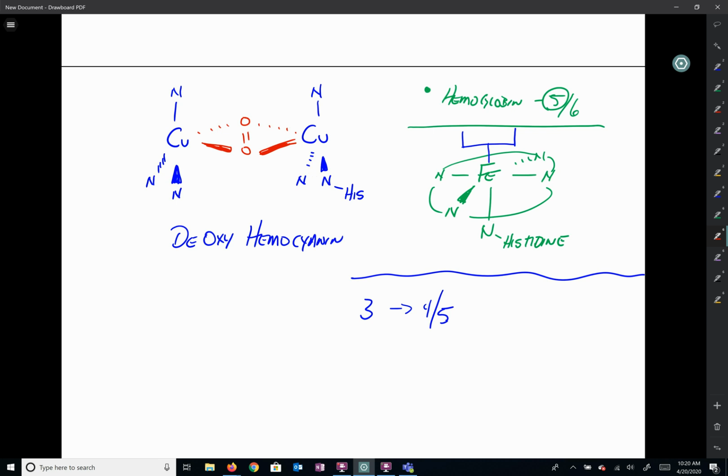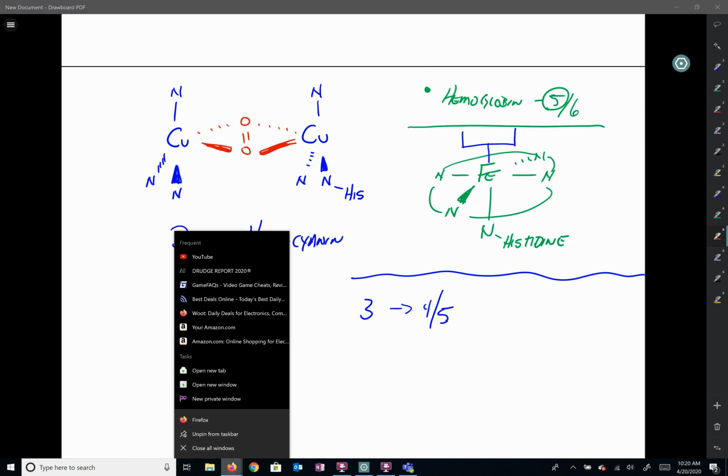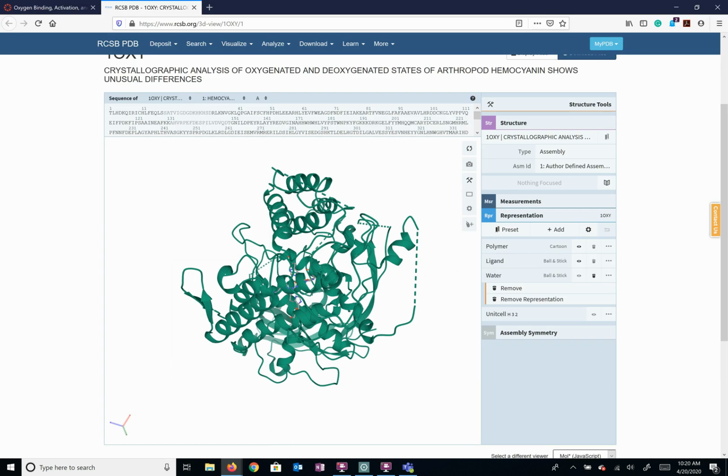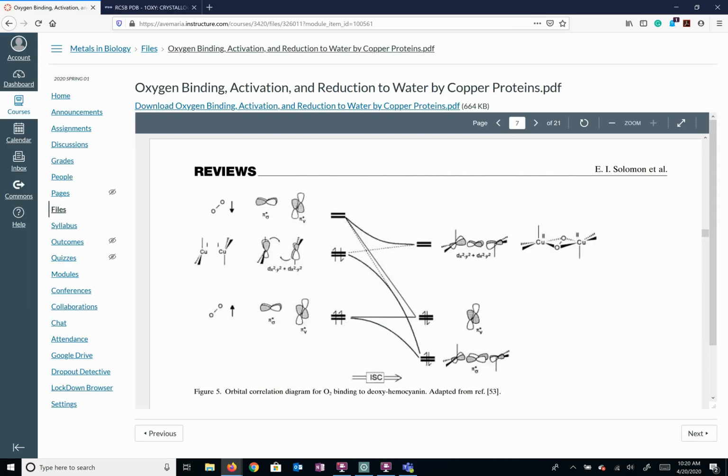The histidines are going to start to move around a bit to accommodate the oxygen that's coming in. So let's go take a look at that real quick. I just had it open, didn't I? There it is, yep.